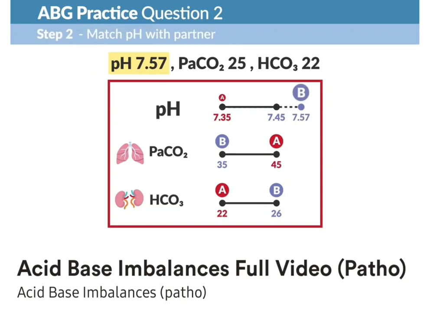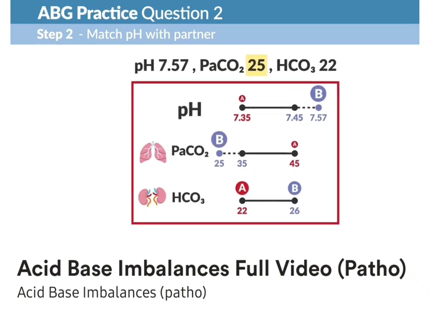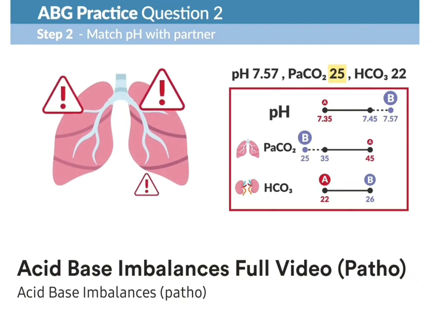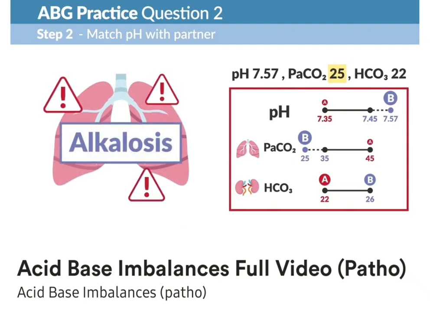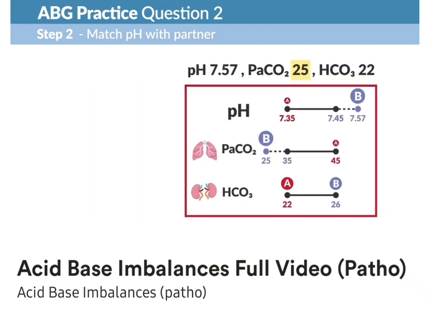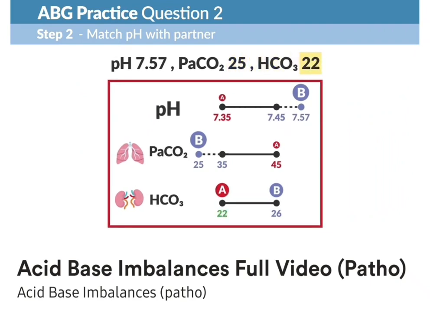Now, step 2, we have to find that alkalosis match. So CO2 is 25, that's pretty low, so that is base as well in alkalosis. And the respiratory icon, we have a match for respiratory alkalosis, it looks like. And HCO3 is 22, so it's technically right on the border, but it's normal, so it's not a match.